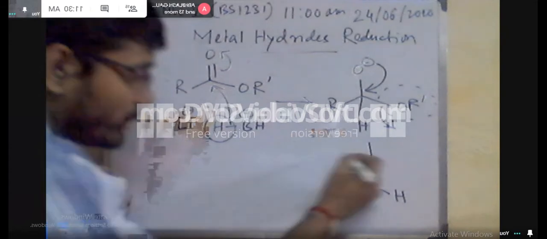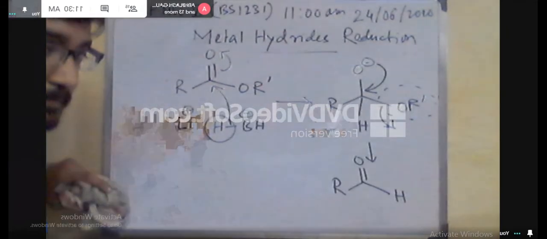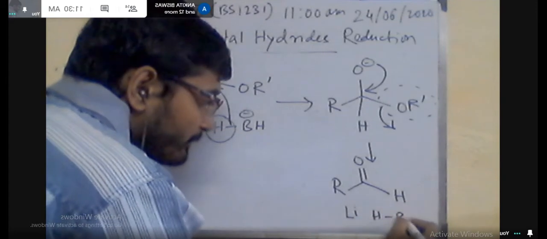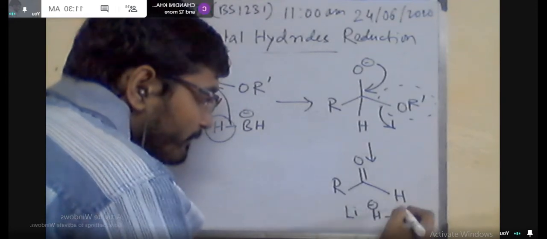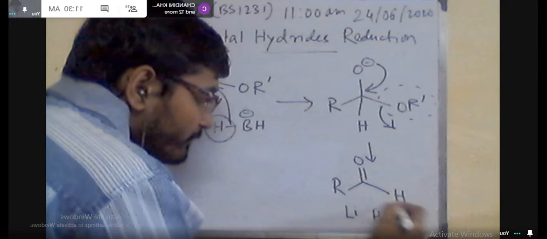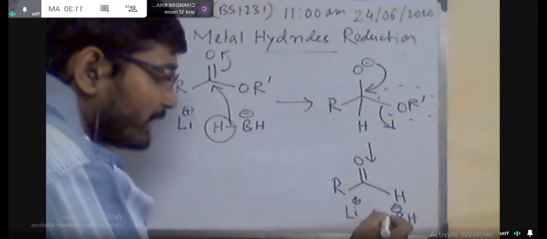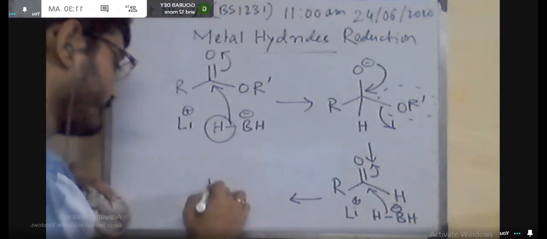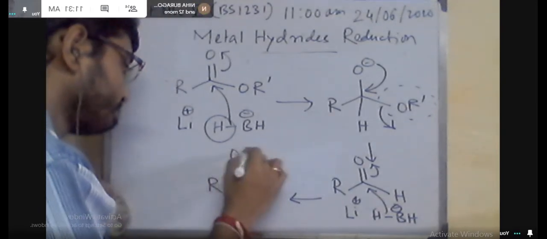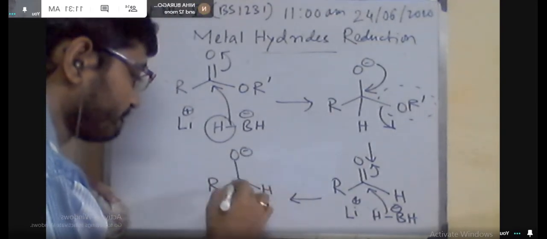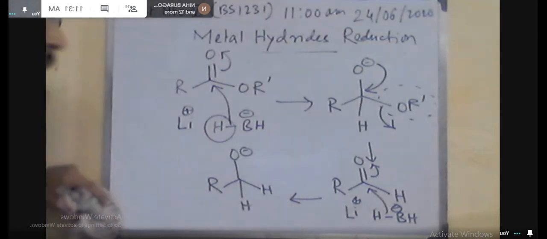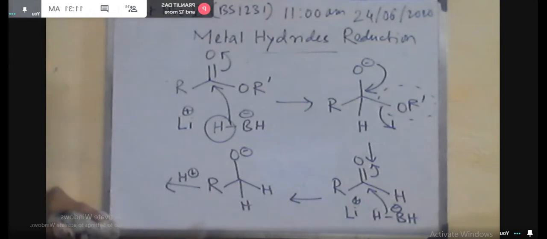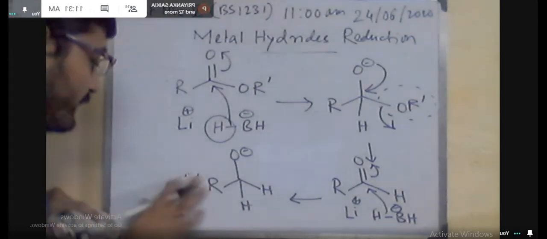Now the reduction of the amide bond by using lithium aluminium hydride. Say if we reduce RCONH2, here we are using lithium aluminium hydride, not sodium borohydride, because sodium borohydride has no ability to reduce this.